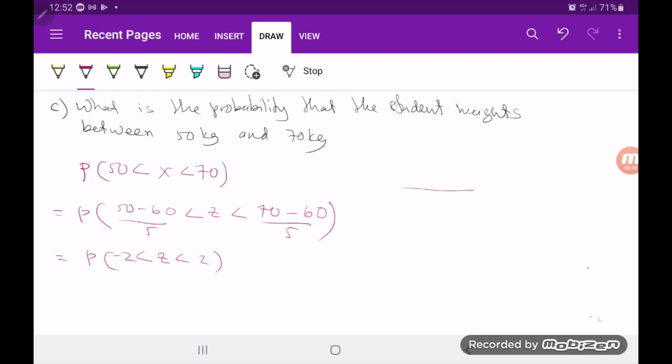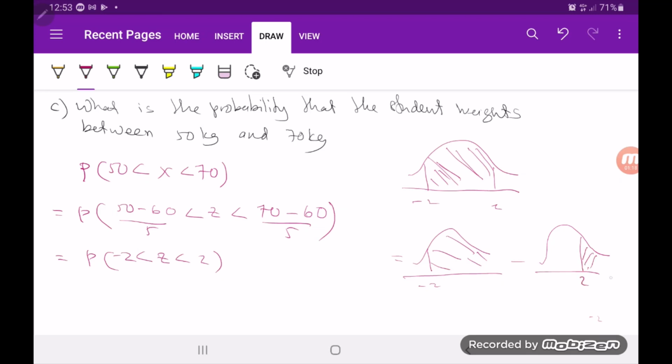To get the area, okay, this is the curve, this is the -2, this is the 2, this is the area. Okay, you want to find the probability of this area. You will get the area greater than -2 minus the area greater than 2.